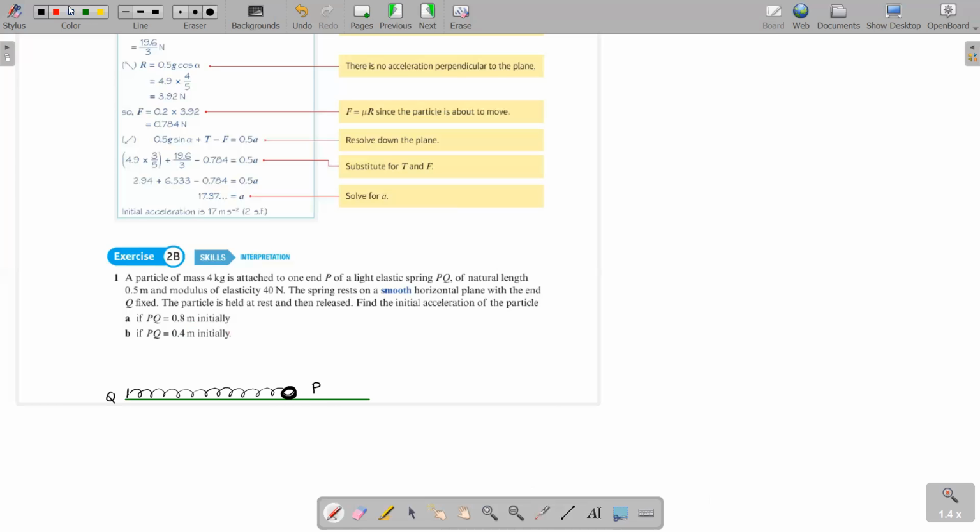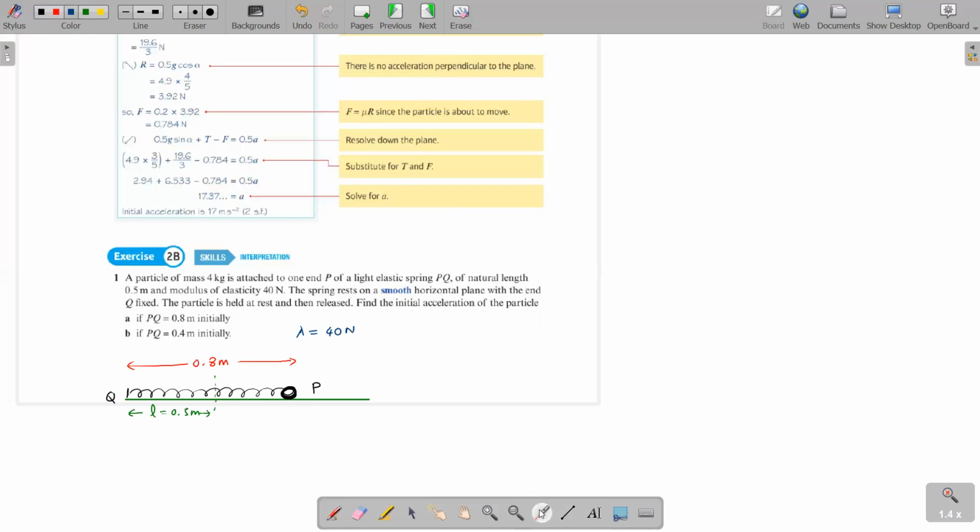They say this PQ length is 0.8 meters initially. So what does that tell you? We know the natural length is 0.5 meters. The lambda value, they have told us, is 40 Newtons.